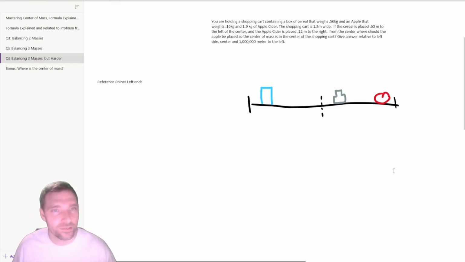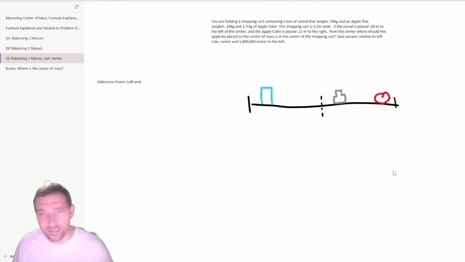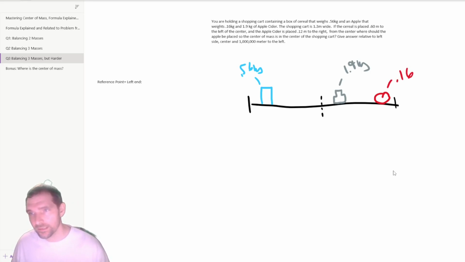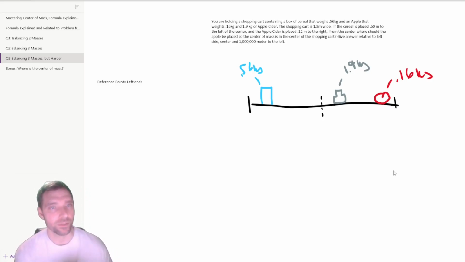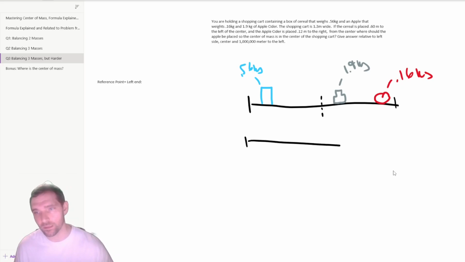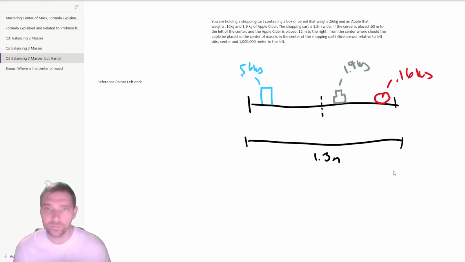So let's go ahead and start plugging in and labeling the information that we have. They've given us our relevant masses, kilograms, and then this is the 0.16 kilograms. And now the shopping cart is a little bit of a different width, 1.3 meters.